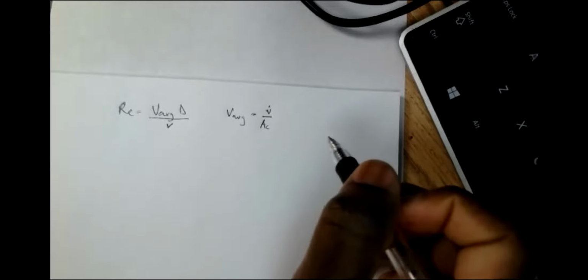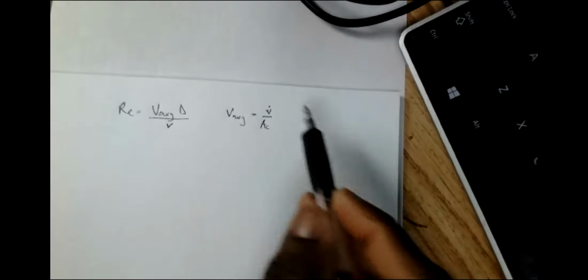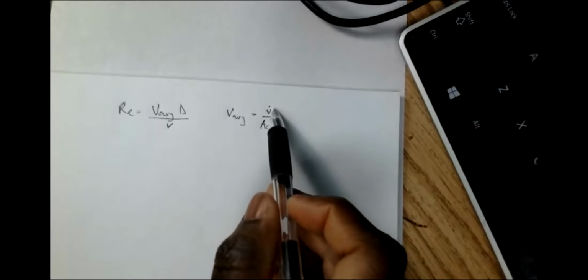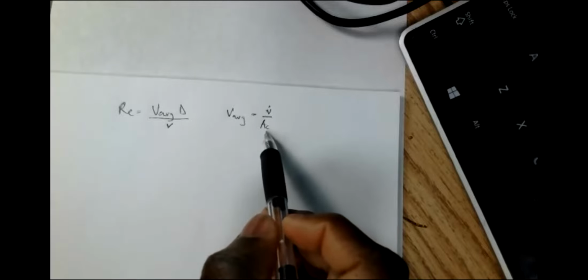Okay, and we know this to be 5 liters per minute. We already converted that to standard units. And we know the diameter of the tube, so we can find the area.